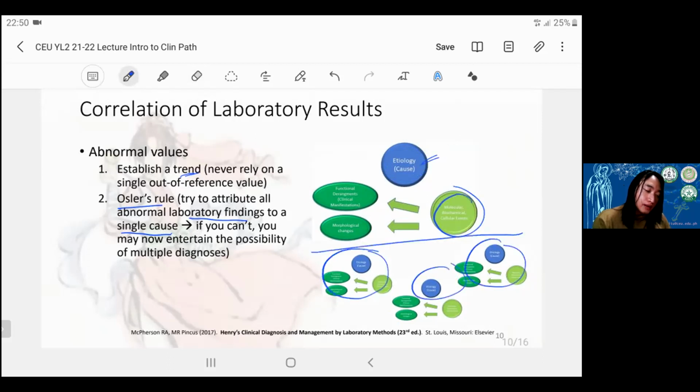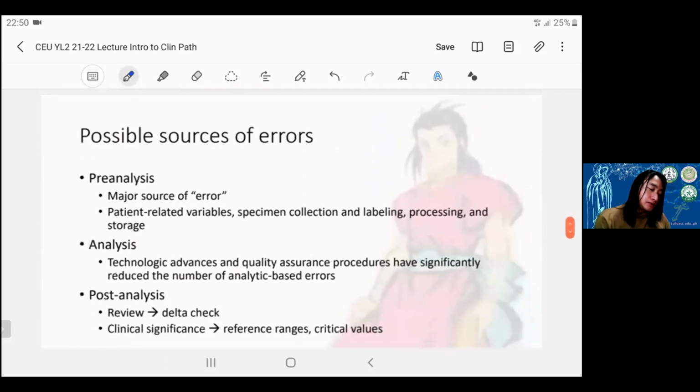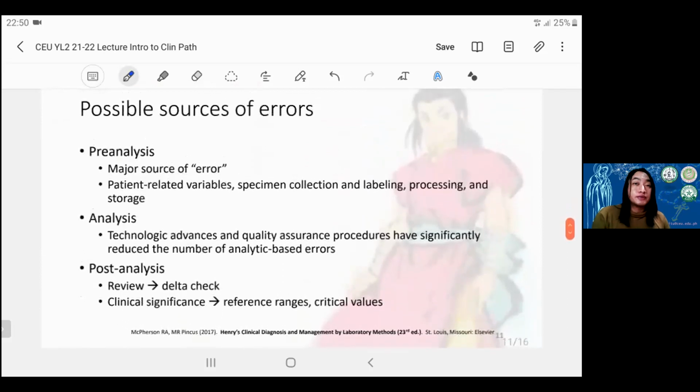But before you jump to that conclusion, you also need to exclude or rule out the probability of errors in the analysis of the specific laboratory test. So now we try to identify the possible errors of these laboratory tests.